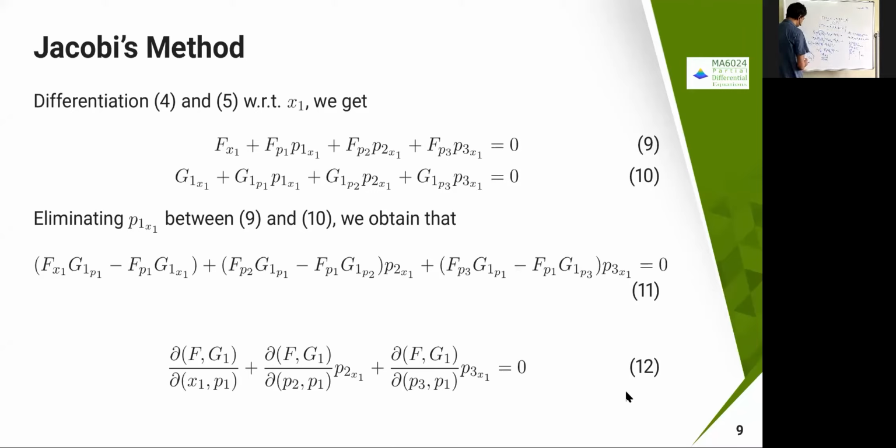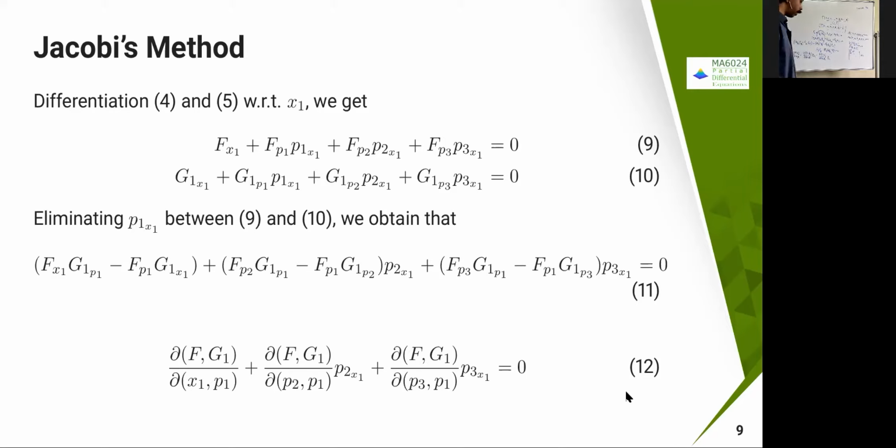Just remember this formula, so I can rewrite this as dou of f comma g divided by dou of x1 comma p1, plus dou of f comma g divided by dou of p2 comma p1 into p2 x1, plus dou of f comma g divided by dou of p3 comma p1 into p3 x1.